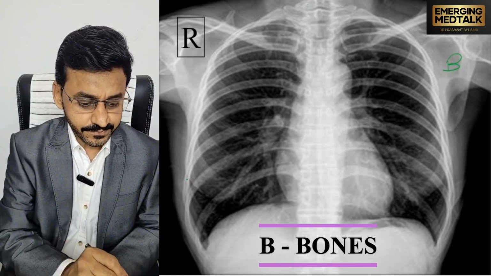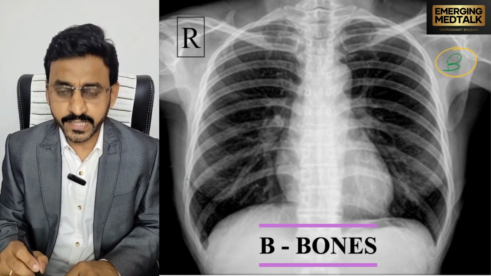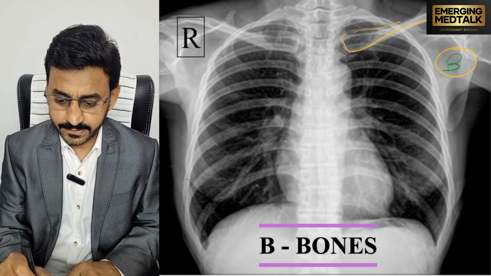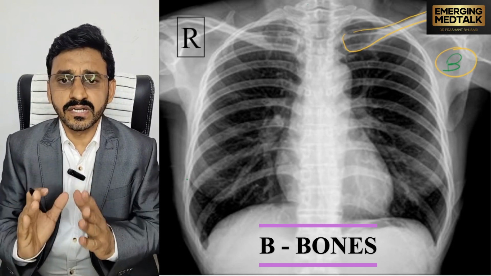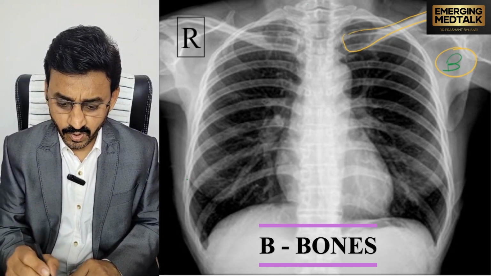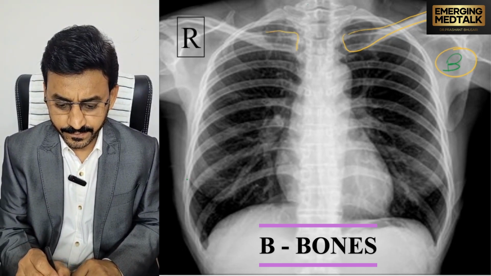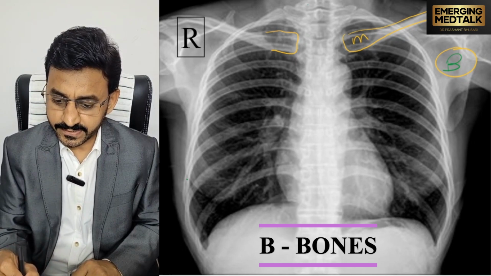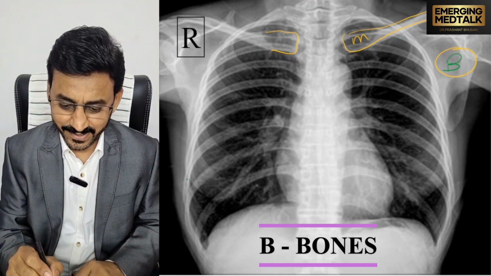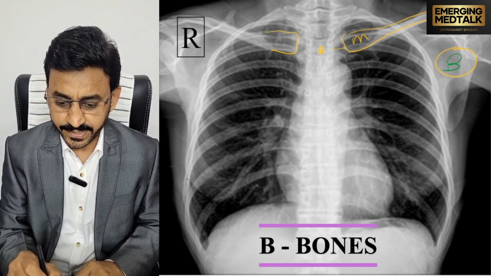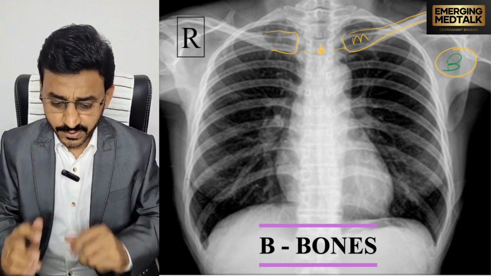Second will be the bones. Here we can see on each side the clavicle, the horizontally placed long bone. Here is the lateral end of the clavicle and this is the medial end; both are equidistant from the spinous process of the thoracic vertebra.